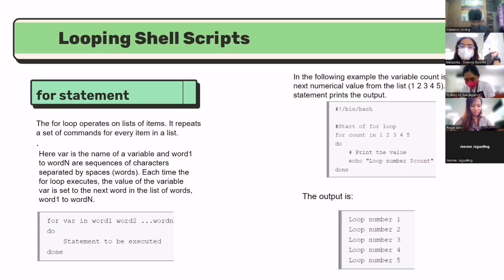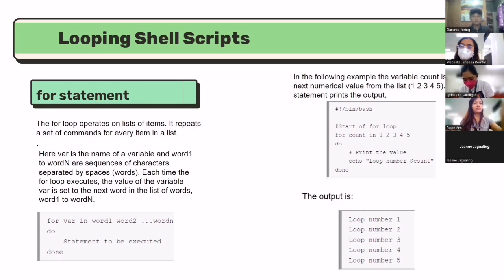Each time the for loop executes, the value of the variable var is set to the next word in the list of words, word 1 to word n, until the list ends.